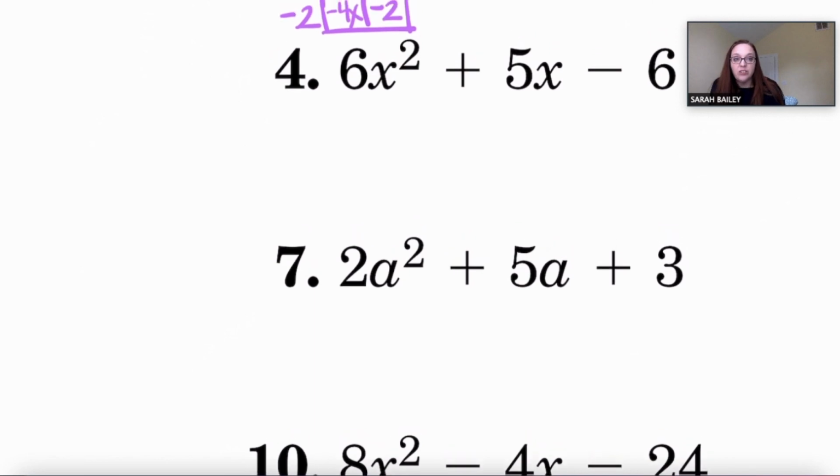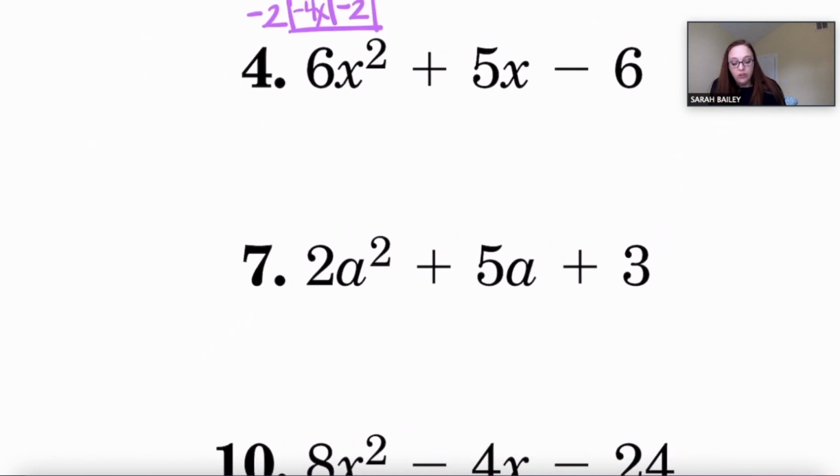All right, so what did I tell you had to do first? You want to look at the x squared term and the constant term. They're both 6's. Don't worry about your signs right now. So we're going to do 6 times 6 and that's going to give me 36. Then I'm going to list out the factors of 36.